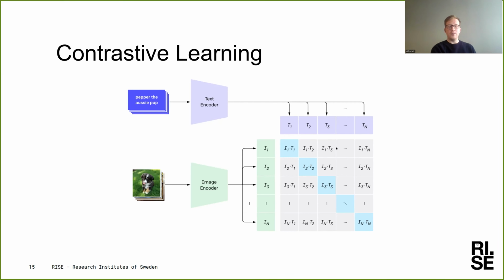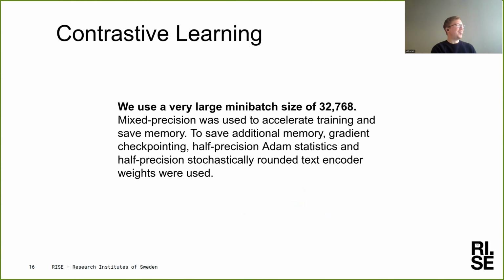And this is not new either, but the way they do it with CLIP is, again, on a very large scale, because they use a mini batch size of 32,000 examples, which is insanely large. With contrastive learning, you want to have many examples because that helps the model to learn what is not interesting.